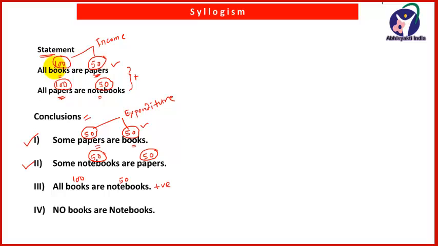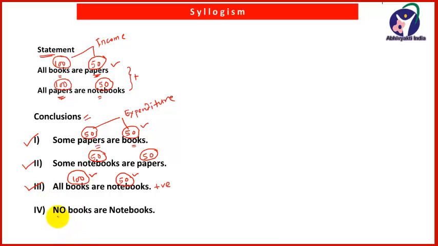Here books has 100 as income, and here also books has 100 as income, and notebooks has 50 as income. So this is satisfied, and this is also satisfied. Therefore conclusion 3 also follows.